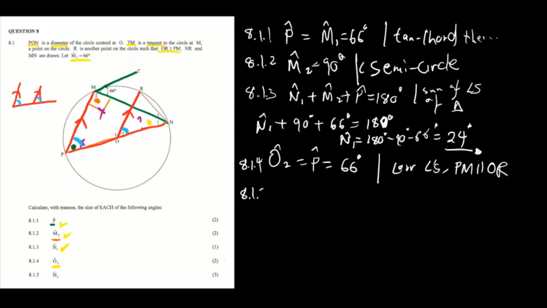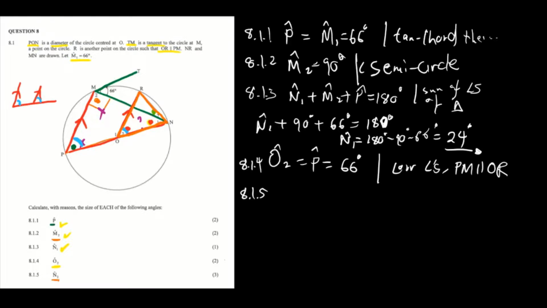Now it's 8.1.5. We want to identify angle N2, which is this one here. To find angle N2, I want us to look at triangle RON, this orange triangle here. We already have angle O2 and N1.